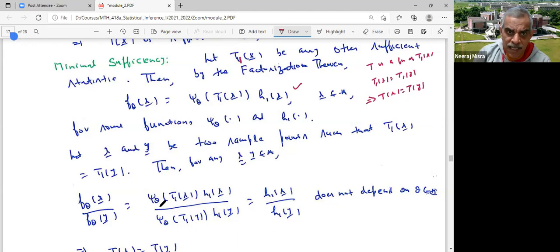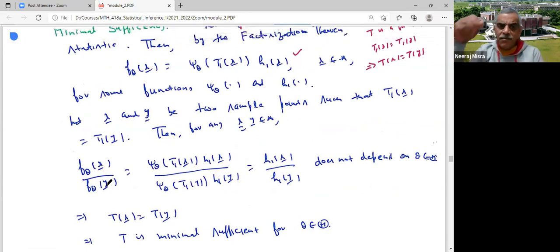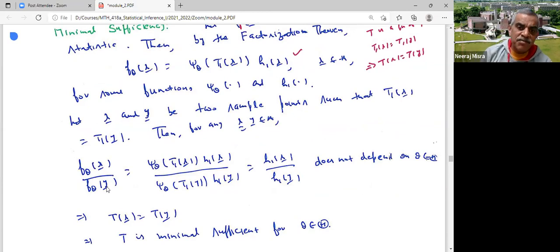But T1(x) is the same as T1(y), so they get cancelled, and it is the same as h1(x) upon h1(y), which does not depend on theta. But you are given that f_theta(x) upon f_theta(y) is independent of theta if and only if Tx is the same as Ty. So this being independent of theta implies that Tx equals Ty. So what you have proved is that T1(x) equal to T1(y) implies that Tx equals Ty, which implies that T is a function of T1.